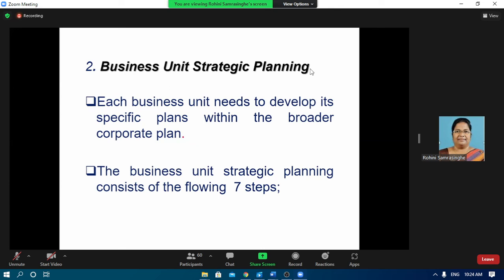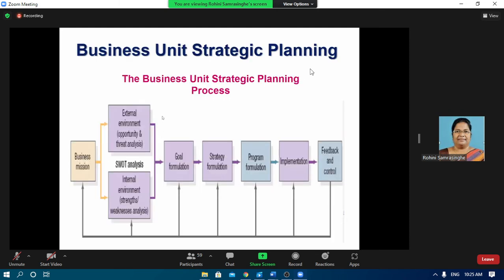We are not touching business unit strategic planning because we are concerned only with marketing planning. I just put this here for you to get a basic understanding of the steps in strategic business unit planning.